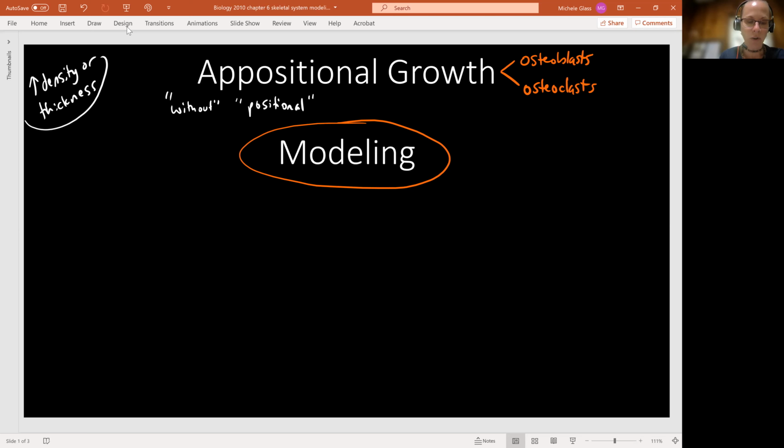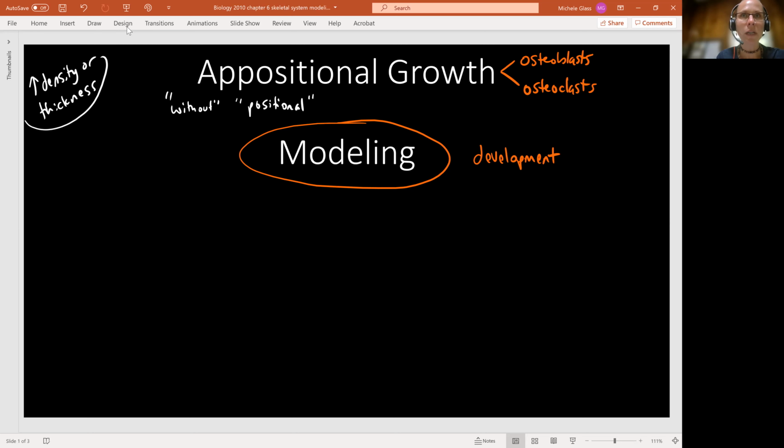In the case of modeling, this is what we're going to see happening during the initial development of your skeleton. So we're talking about during infancy, toddlerhood, childhood, puberty, when we're really initially forming that skeleton.